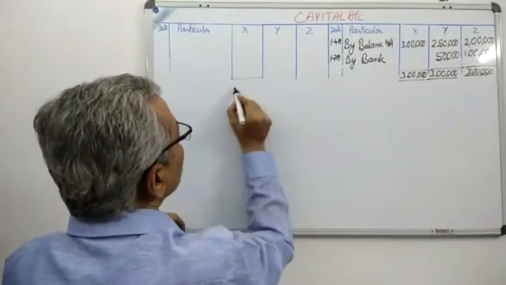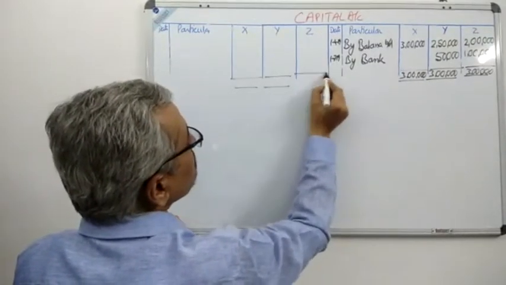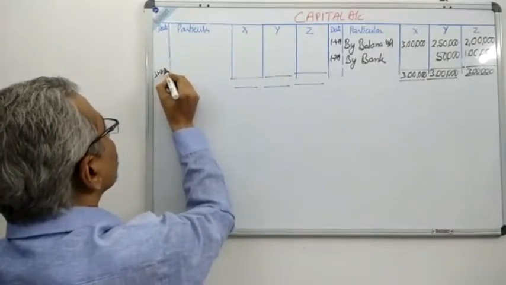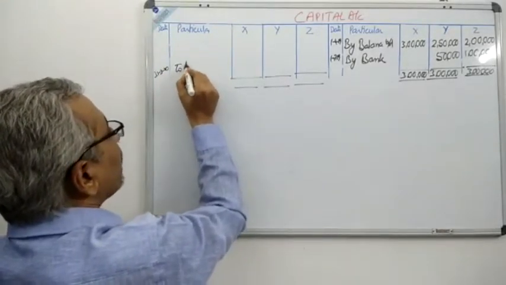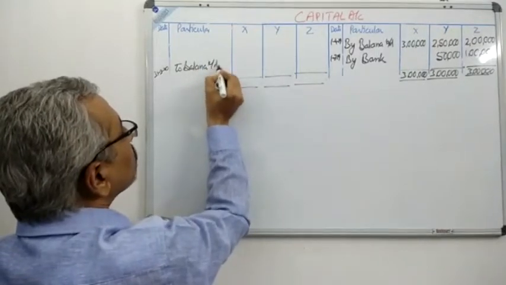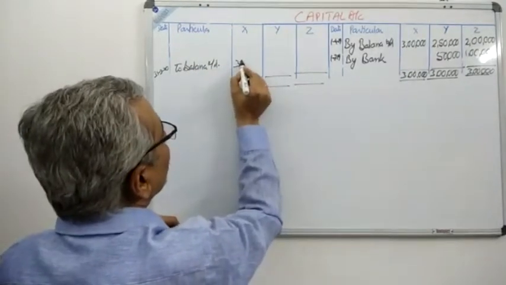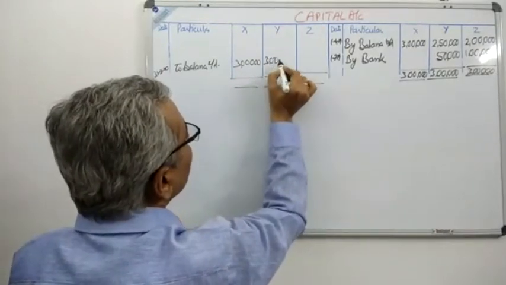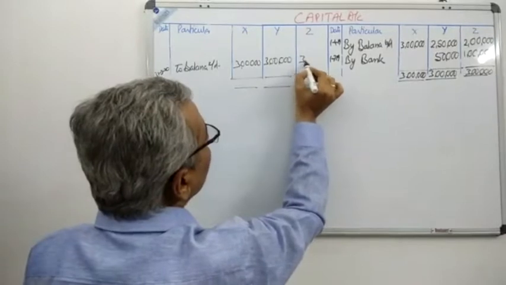Let us come to the debit side, and the last date, that is 31st March 2020, we will write over here to balance carried down, and for X we write 3 lakh, Y we write 3 lakh, Z we write 3 lakh.